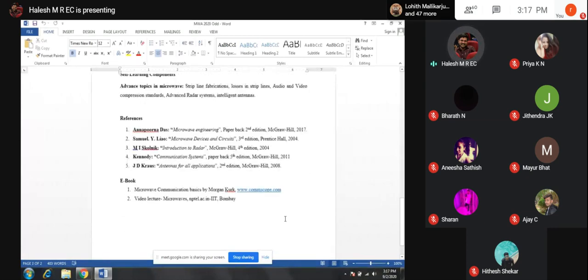The third one, Skolnik, is good for radar, and Kennedy for communication systems, for the third unit. What are the basic communication principles that you use for transmission of audio and video? What are the principles of cable TV connections, transmissions, and communications? And lastly, Kraus, which is for different types of antenna for all applications.